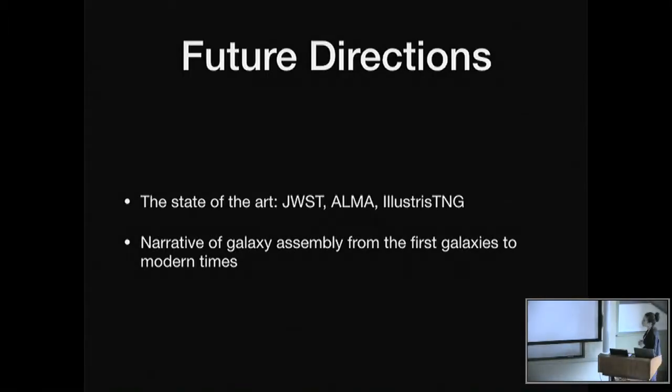Just to conclude briefly, looking ahead, I think this is a really exciting time for studies of galaxy formation and evolution, with the negative K correction and the resolution and sensitivity of ALMA. And I'm particularly excited about the launch of the James Webb Space Telescope in early 2019.